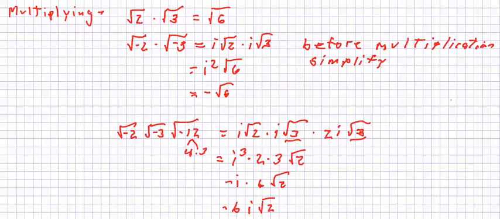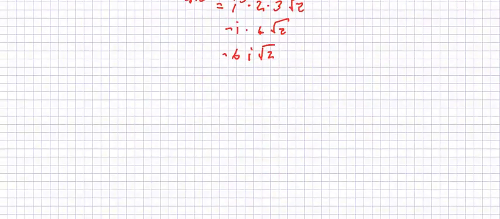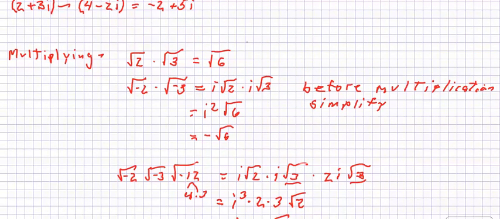Like we said yesterday, the radical must come after the i, and the number always comes before i. Now, this was pretty straightforward. We were only multiplying radicals.